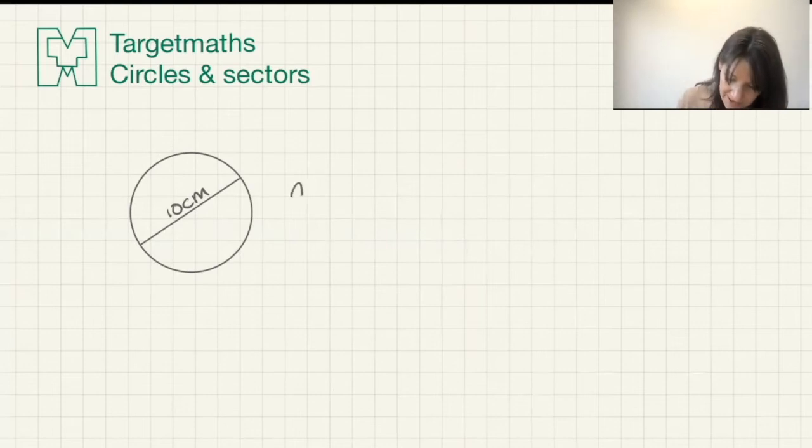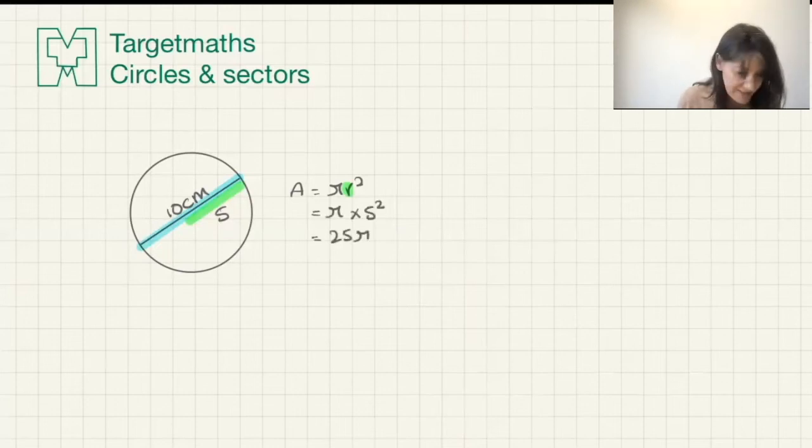Okay, so my area is pi r squared. I go to the diagram because I would like a radius, but what I see is a full diameter. So I've got to remember to half that, which would give me 5. So I've got pi times 5 squared, which is 25 pi.